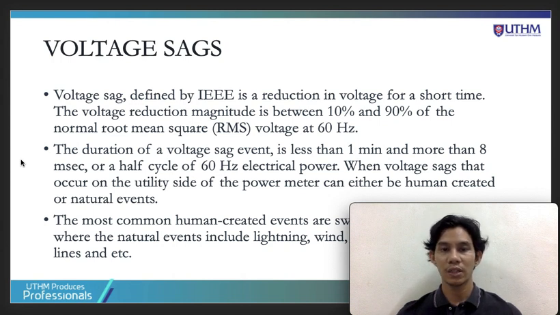The duration of a voltage sag event is less than 1 minute and more than 8 milliseconds, or a half cycle of 60 Hz electrical power. Voltage sags that occur on the utility side of the power meter can either be human created or natural events.